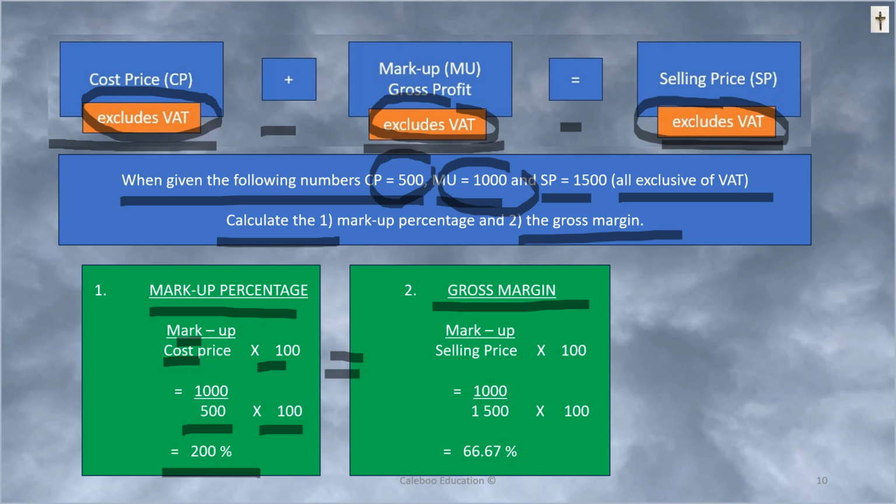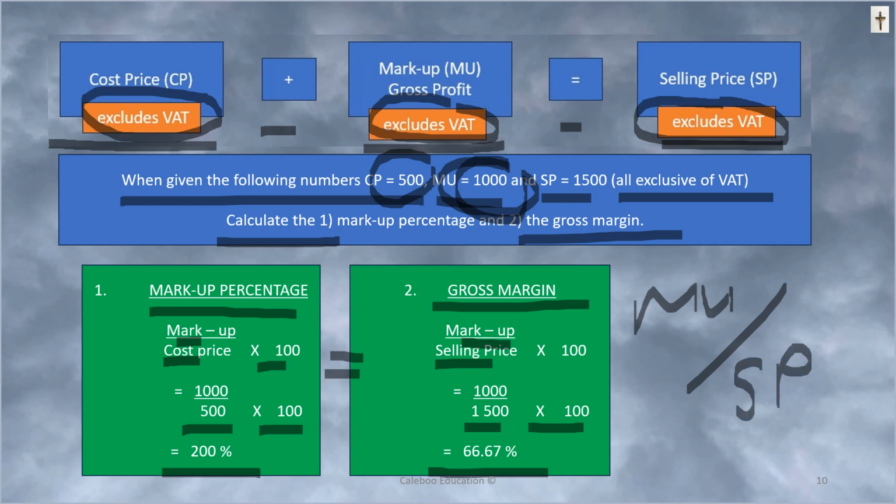We take the markup, once again, same numbers, 1,000, and we put it on the selling price of 1,500, multiplied by 100, and now the percentages are very different. 66.67. This one here, the second one, is the markup on the selling price percentage, and this one here is the markup on the cost price.